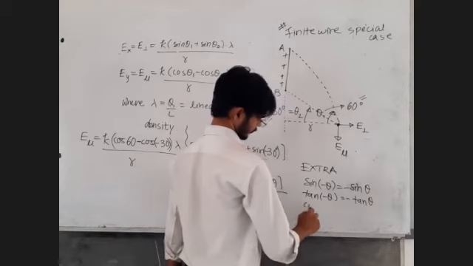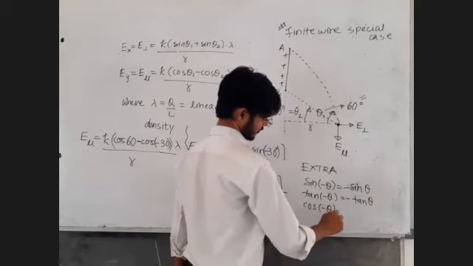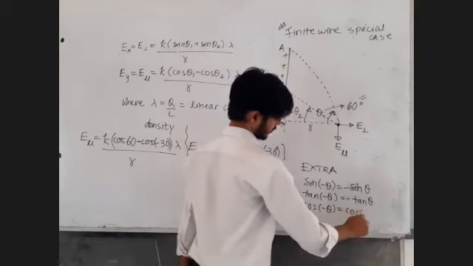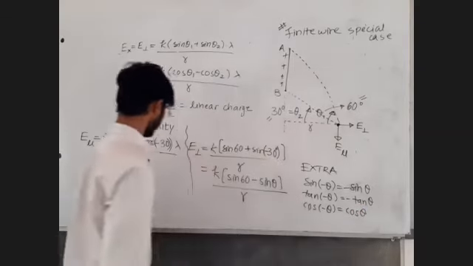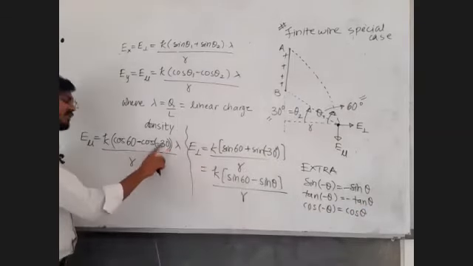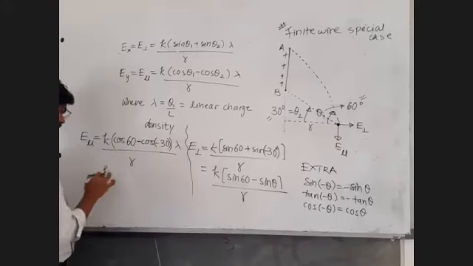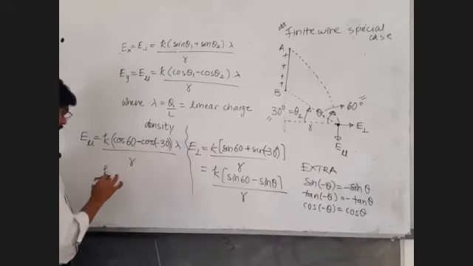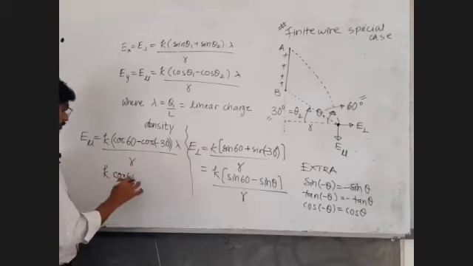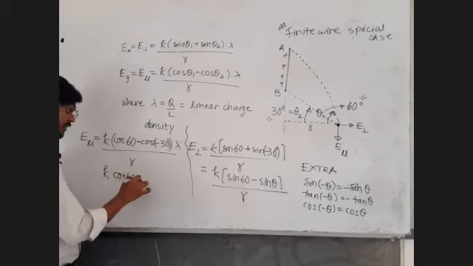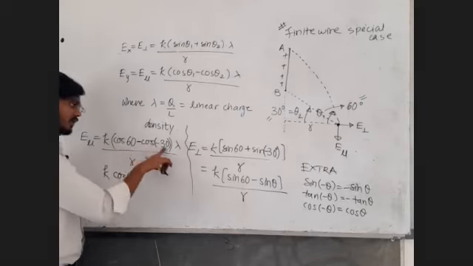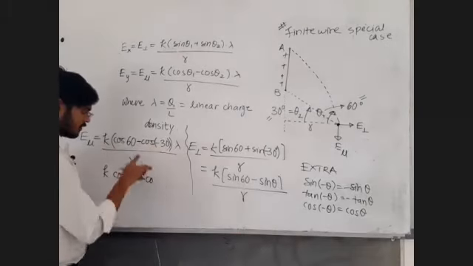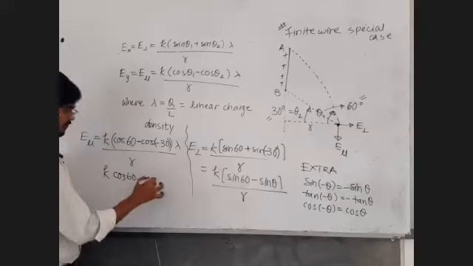And cos of minus theta is cos theta, no minus sign here. Cos of minus 30 is cos 30. This minus sign already exists in the formula, this we have taken. Cos 60, this minus sign as it is, cos of minus 30 is cos 30, this minus sign retained.